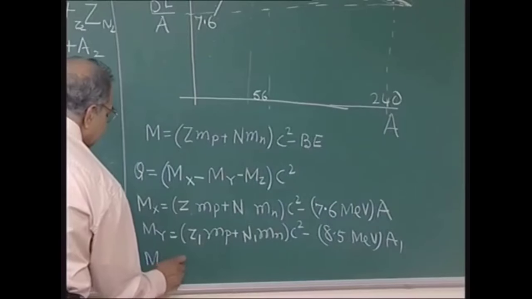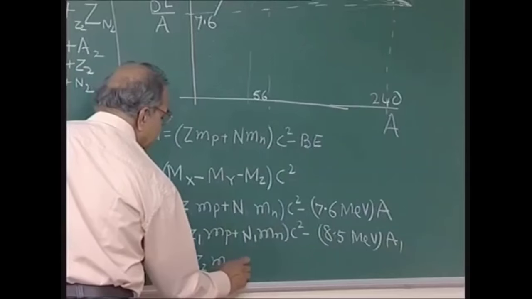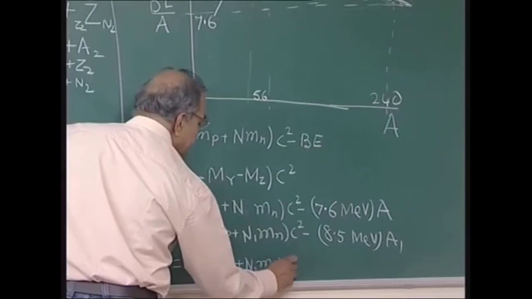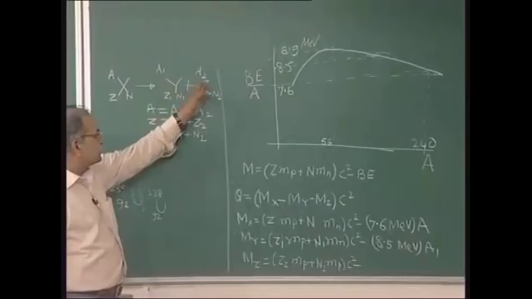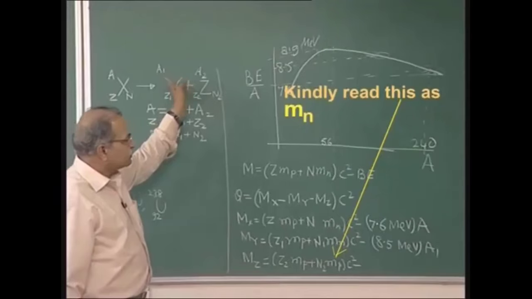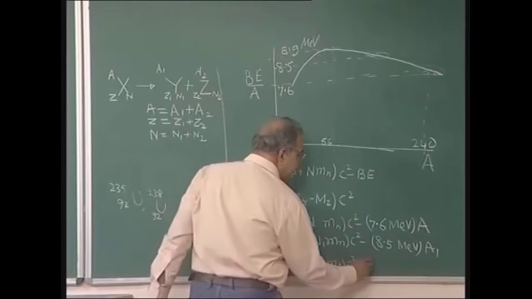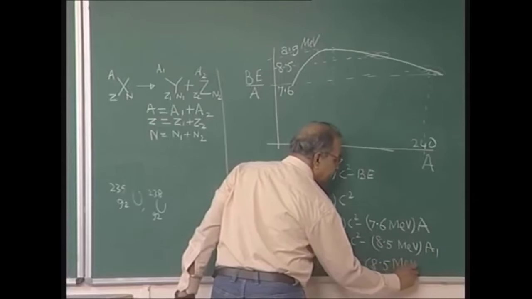So, Mz is equal to Z2 MP plus N2 Mn, C square and minus, since we assume that the masses are of the same order, both of them are somewhere here. So, this also is 8.5 times A2.